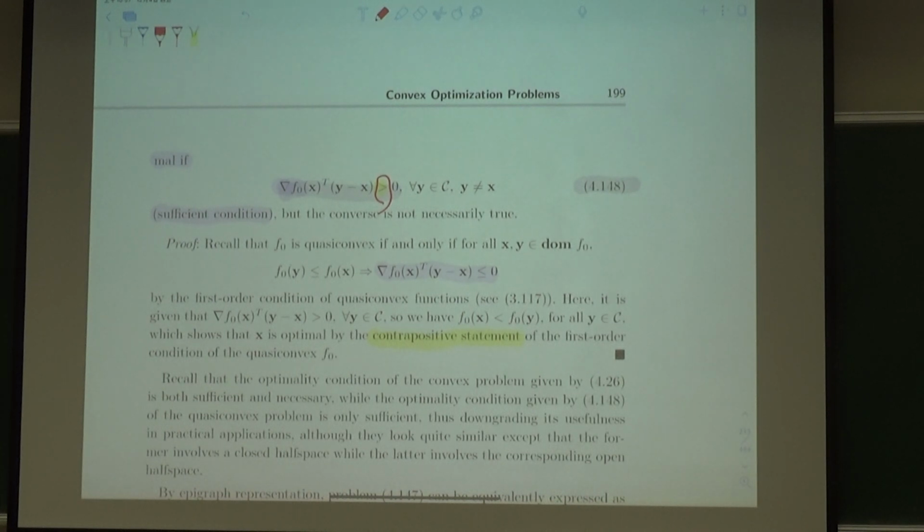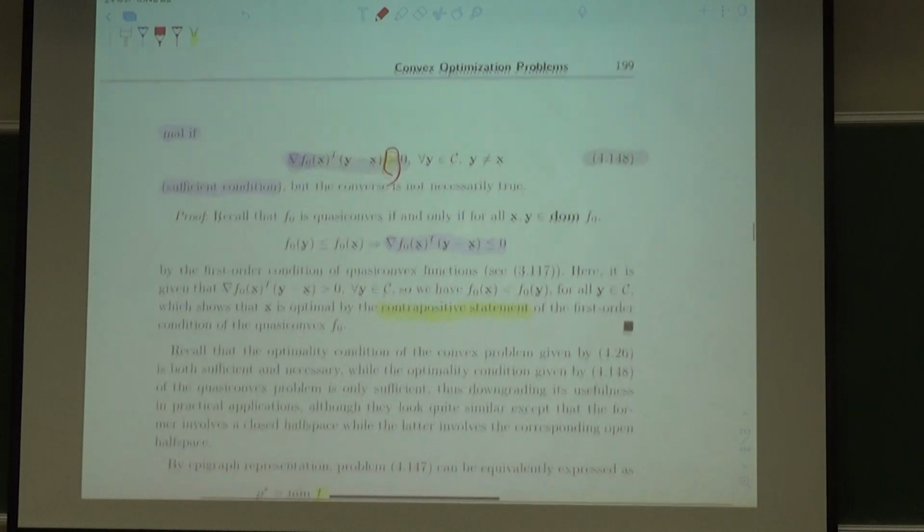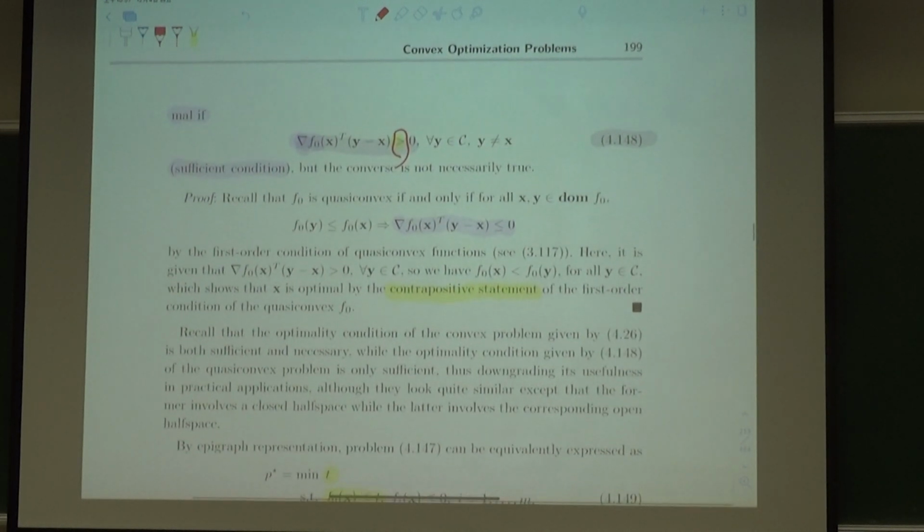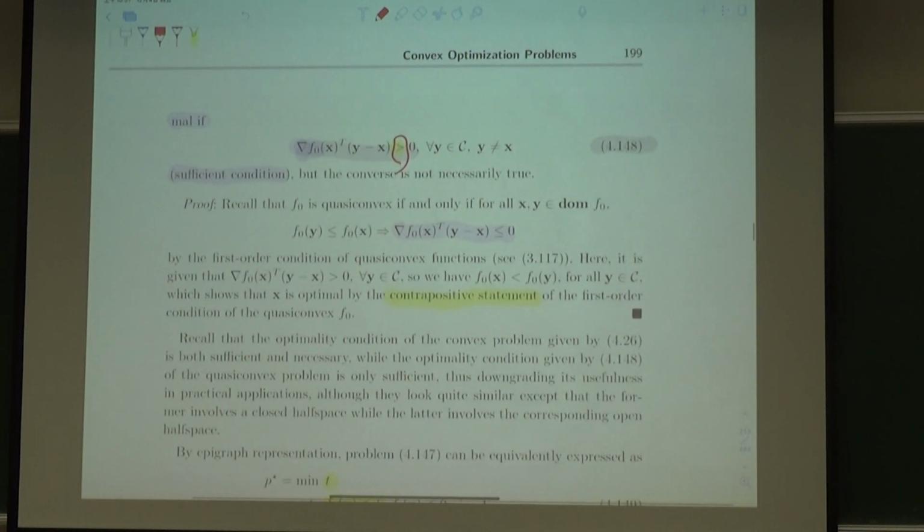So this criterion is, I think, not very useful. But theoretically, you can prove this is a sufficient condition. The proof is also very easy. One line is the proof. Because the statement is only by contrapositive.